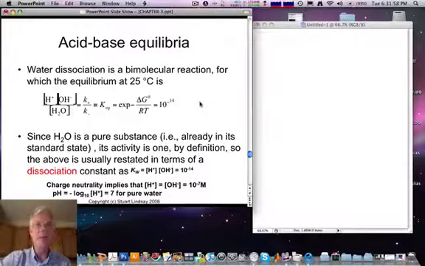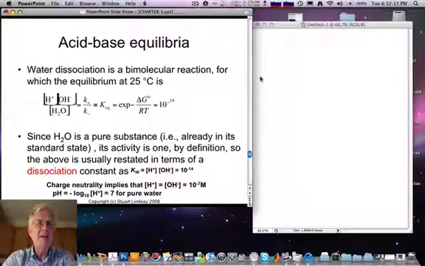So the equilibrium constant for the dissociation of water is shown here, and it is in fact 1 part in 10 to the minus 14. So the forward rate for the dissociation is actually very small.